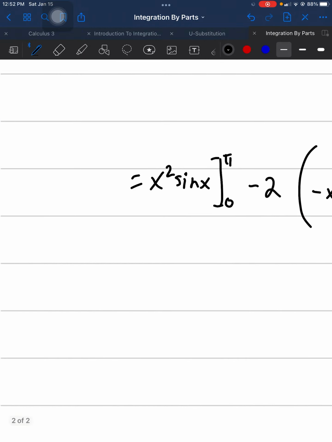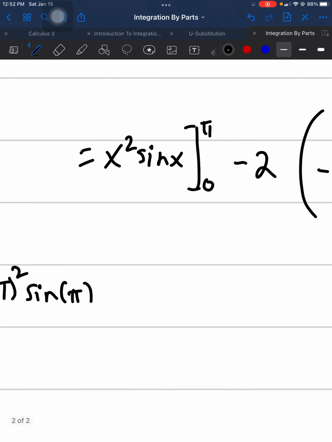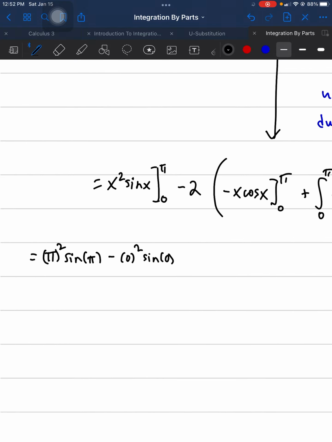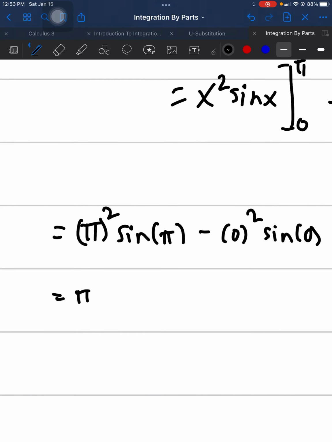So first things first, we're going to be evaluating from the upper bound minus the lower bound. So it's going to be pi squared sine pi minus 0 squared sine 0. Now, pi squared is just pi squared, right?